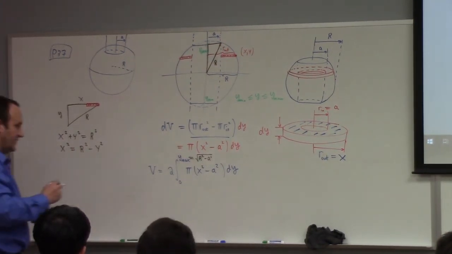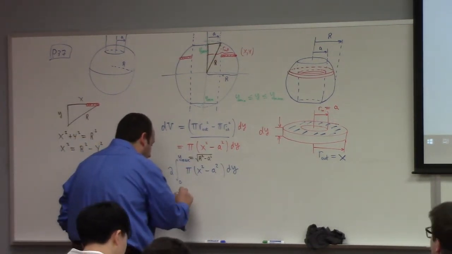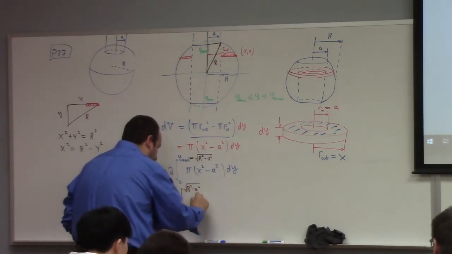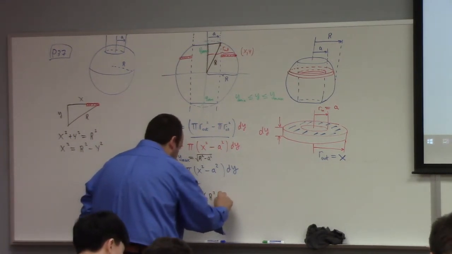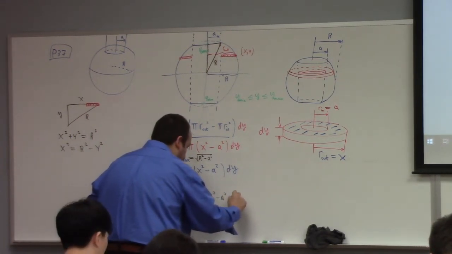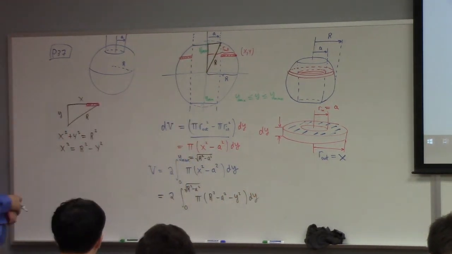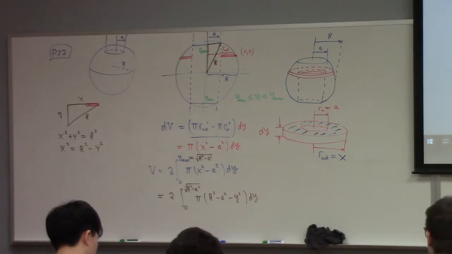And so you see what we have is 2 times the integral from 0 to the square root of r squared minus a squared of pi times r squared minus a squared minus y squared dy. And that's why this could be asked in Calculus 1, because this is an integral that you can do in Calculus 1, right?